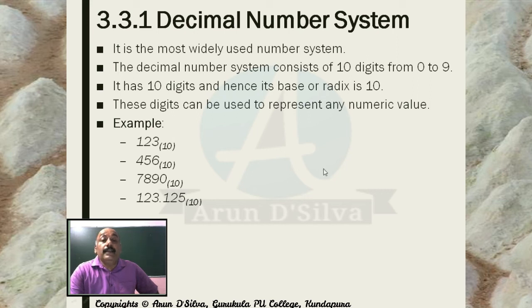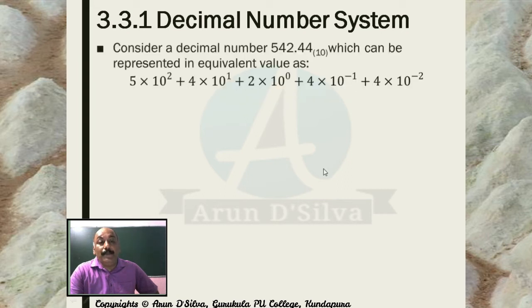Let me show you one simple example of how a number is represented. Consider a decimal number, 542.44, which can be represented in an equivalent form. Now, how do you calculate the position? From the decimal point, as you go to the left side, the position is calculated: first 0, then 1, then 2, 3, 4, like that.